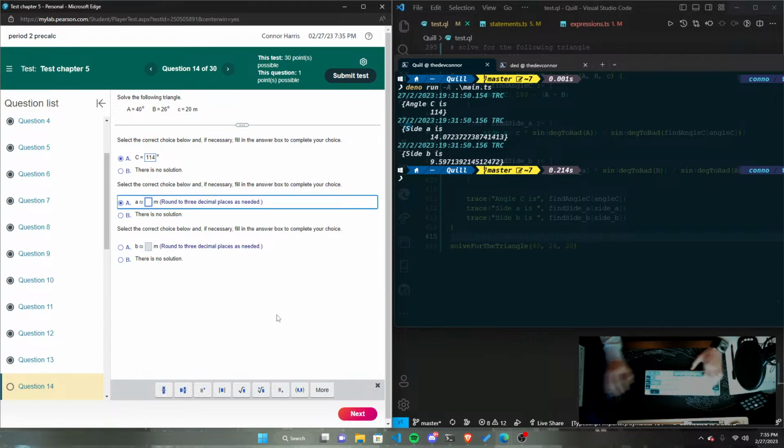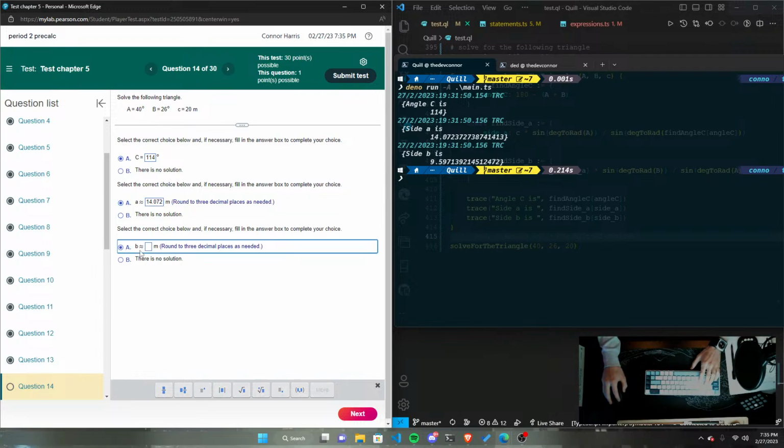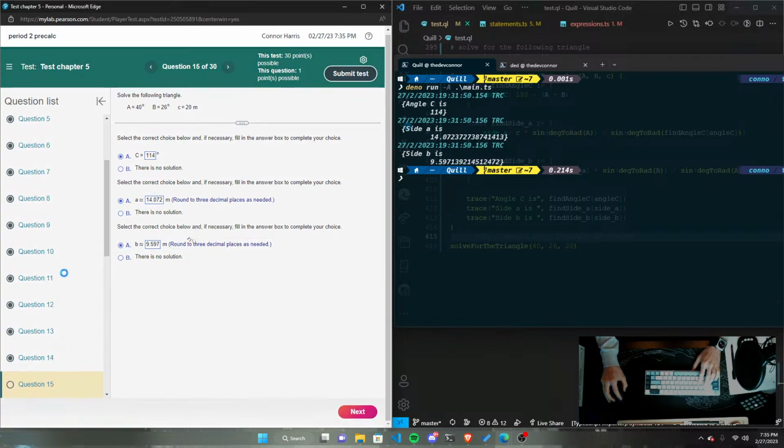So our side A is 14.072. B is 9.597. There's 30 of these.